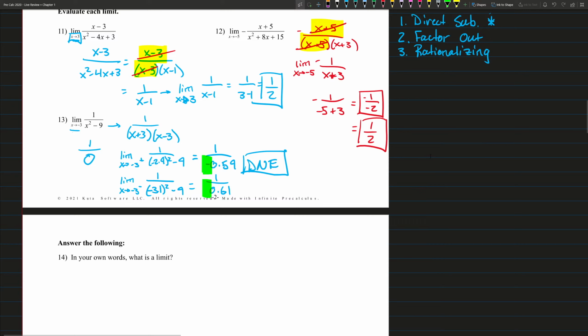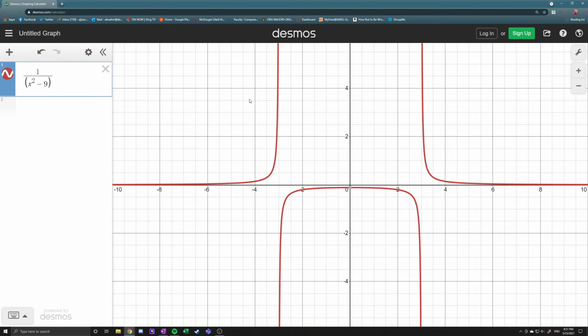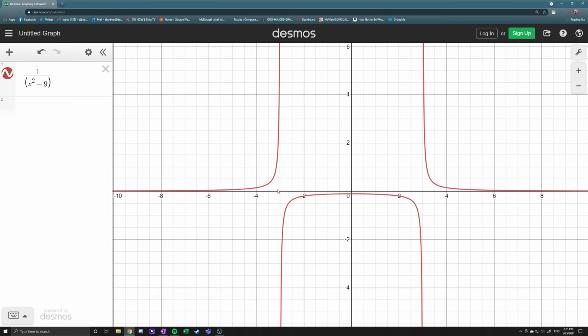You can also just look at the graph. Okay, and the graph of this is this stuff right here. So if you just graph this, we're looking at what happens as we approach, in this case, -3. So that's right here. I think you're able to see my mouse.